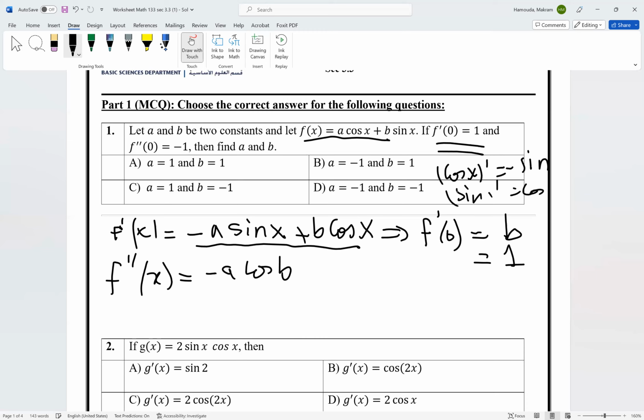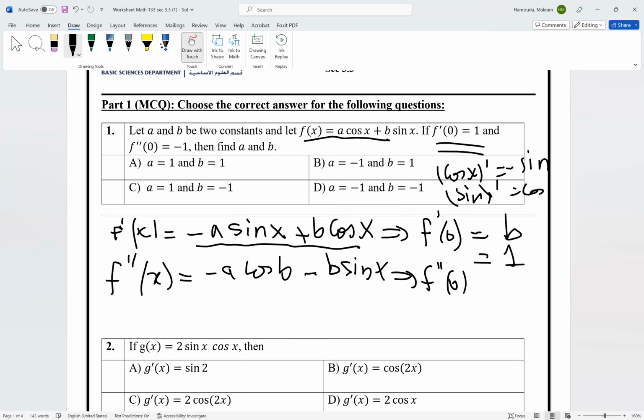Briefly like that to remember the derivative of these two trigonometric functions. So here again, it's minus b sine x.